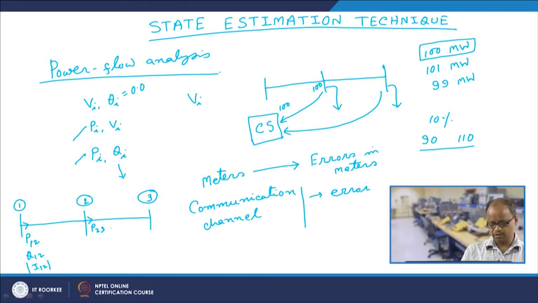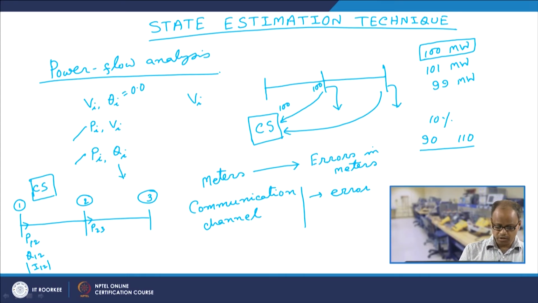Now, the same question comes again. Suppose my control center is somewhere here. Here also we have put 3 meters, 1, 2, 3 and also we have put another meter here. So, here also we have put 4 meters.